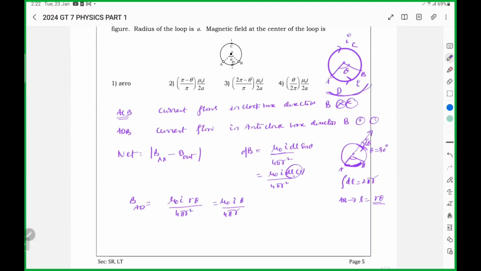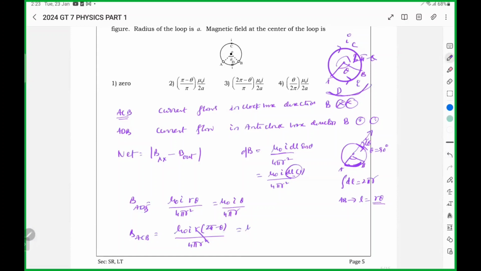Similarly, if you consider the other angle, it will be 2 pi minus theta. So that is the ACB path, mu naught I by, theta here is 2 pi minus theta, by 4 pi r square.